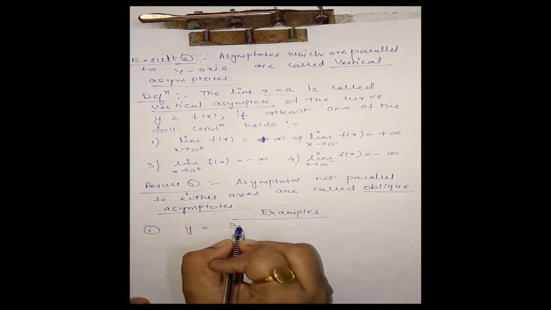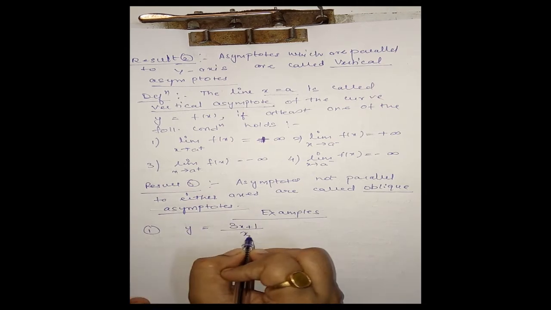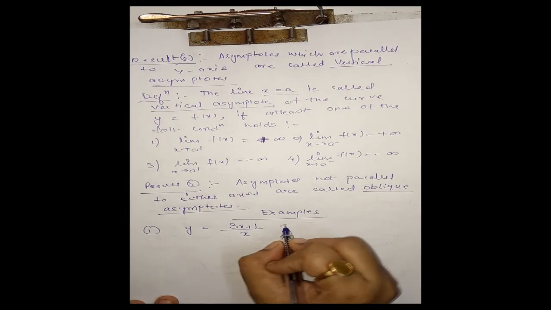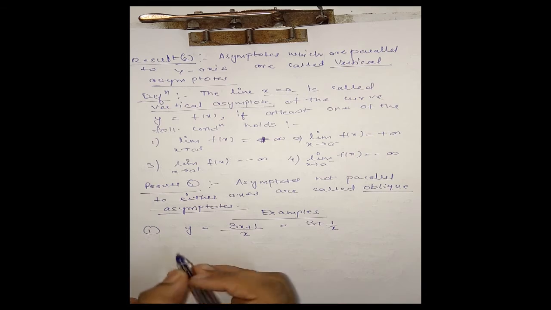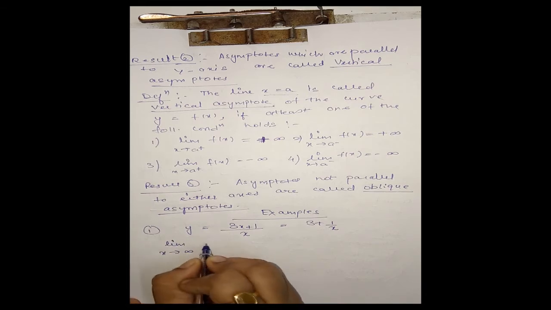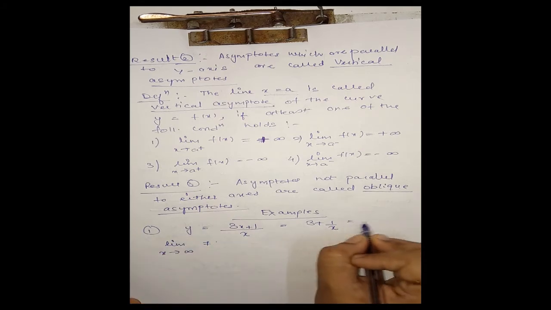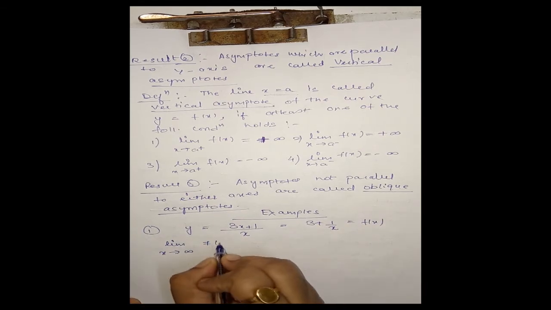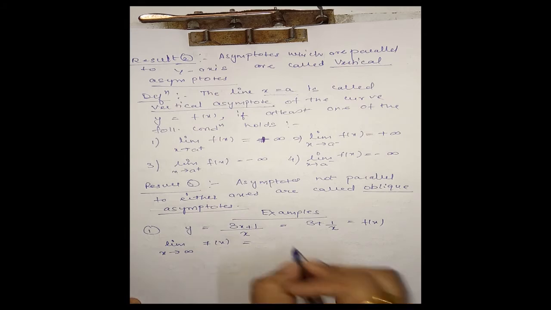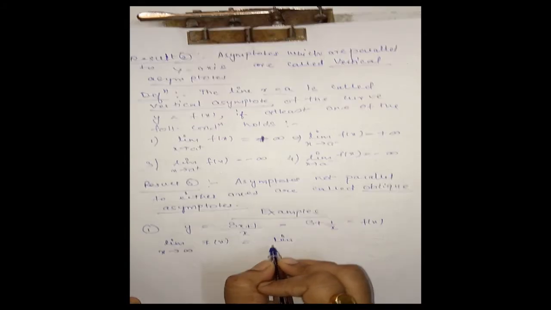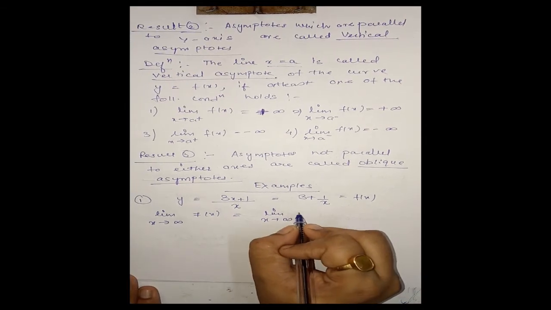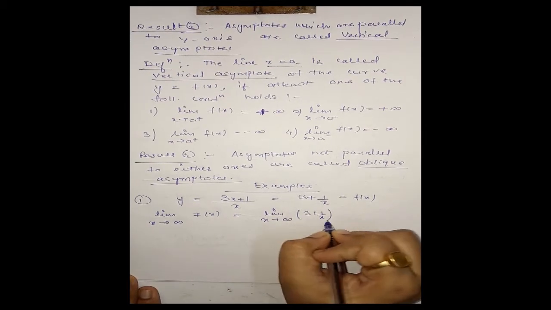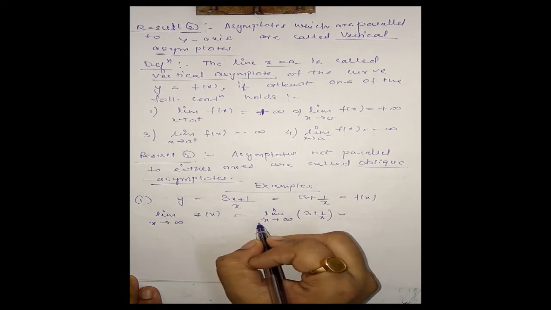Now y = 3 + 1/x. Let this be f(x). On taking limit x tending to infinity, we have limit x tending to infinity of 3 + 1/x, and 1/x is 0 when x tends to infinity.